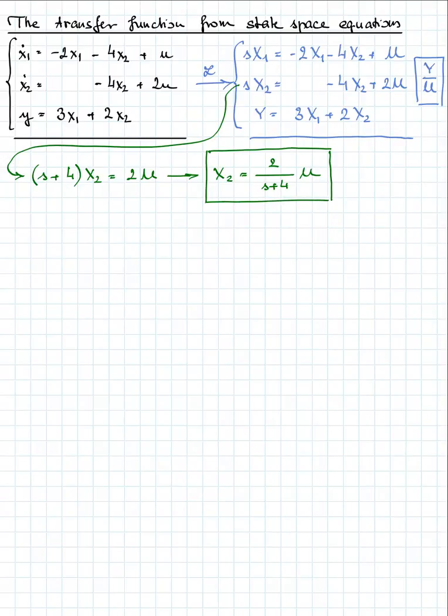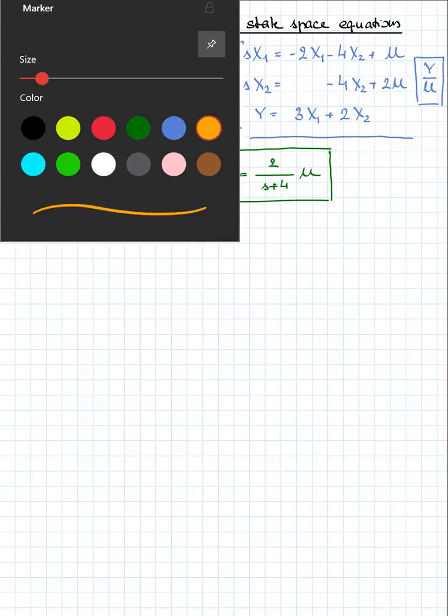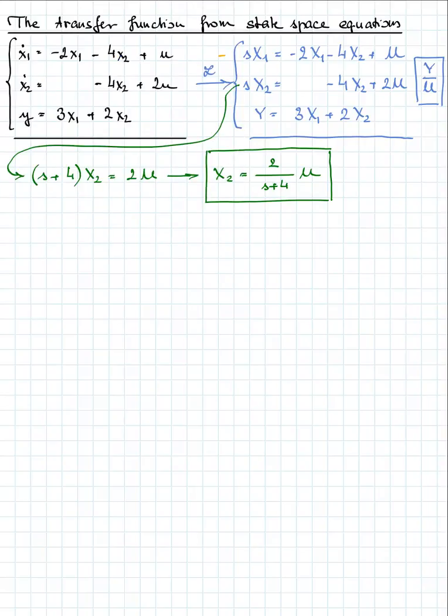Now I am going to go to the first equation, and I am going to pull this term to the left. That's why we can write (s plus 2) X1. This is equal to minus 4X2 plus U, and I am going to put X2 in here.